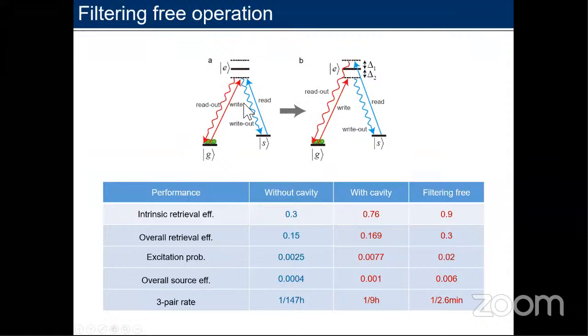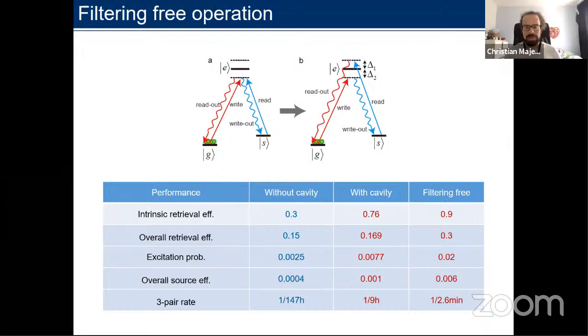Therefore, there is no filtering mechanism for the write and read beams. So that is why we have to add external filters to filter out the leakage of write and read. In our new scheme, the cavity will not be resonant with either the write or the read. So the scattering itself will not be possible to exist in the cavity. So then the ring cavity acts as a filter itself.